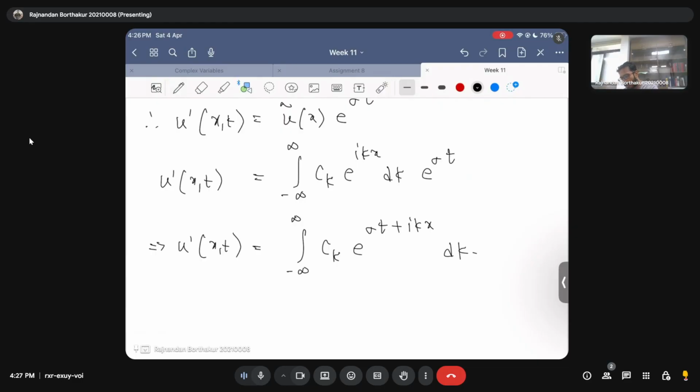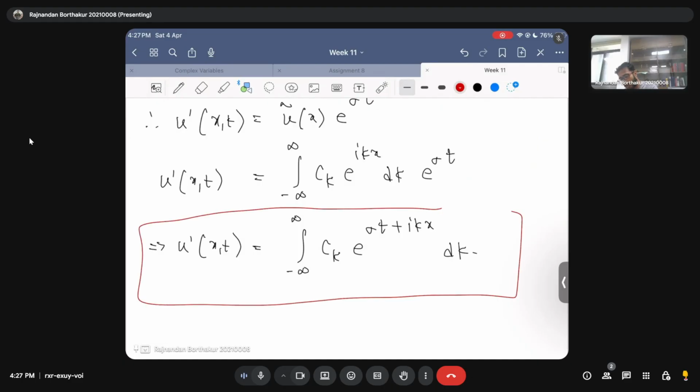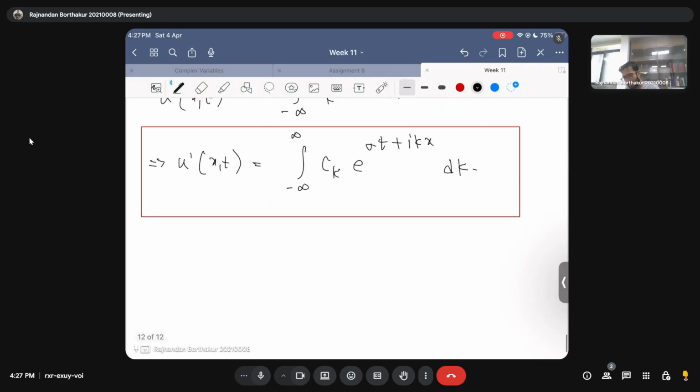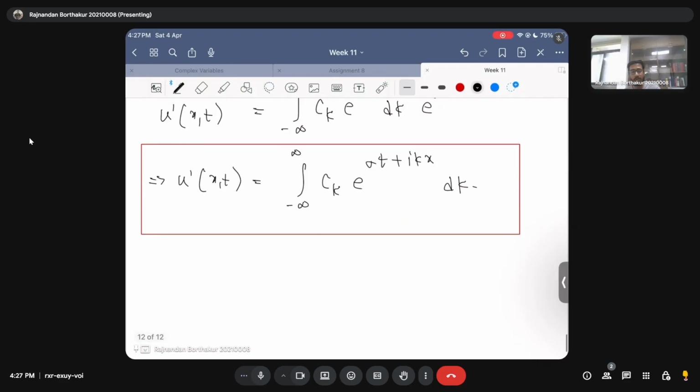So this is how you write the perturbations using Fourier transform. But remember, we have not used the concept of normal modes here, and we'll look at how the concept of normal mode appears. So this is how you represent a 1D perturbation using Fourier modes and Fourier transform.